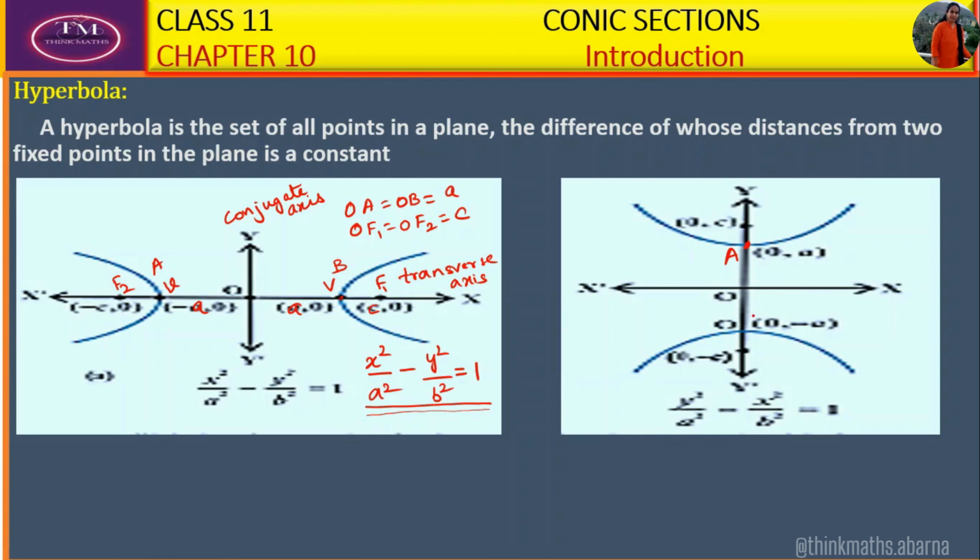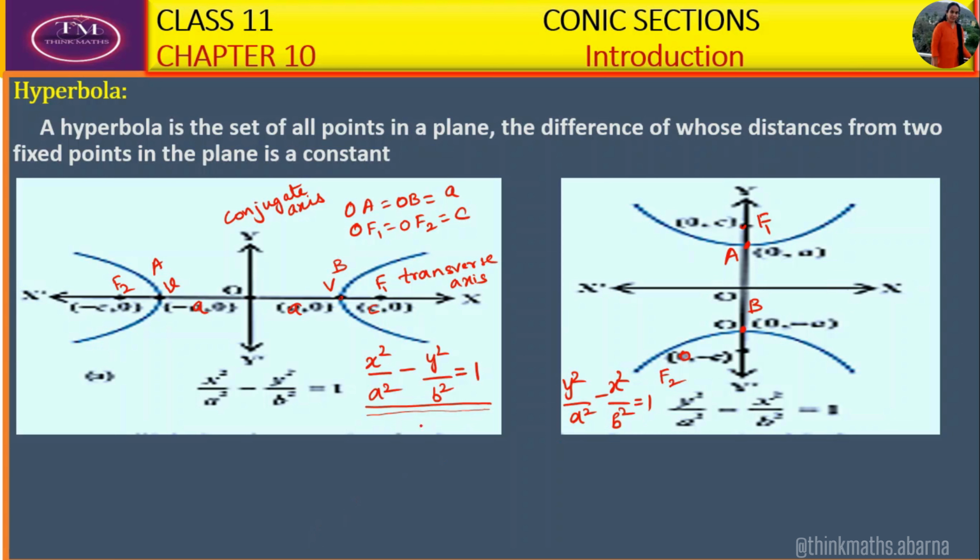As it is on the y-axis, the x coordinate will be 0 and the y coordinate we name a. And the focus is at 0 comma c. Now let us name this point B. It is 0 comma minus a and the focus F2 is at 0 comma minus c. Then the equation of the hyperbola is y square by a square minus x square by b square equal to 1.